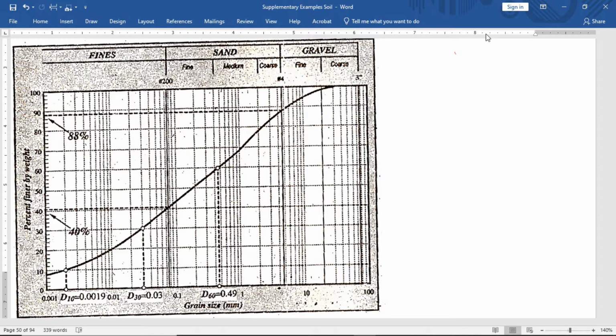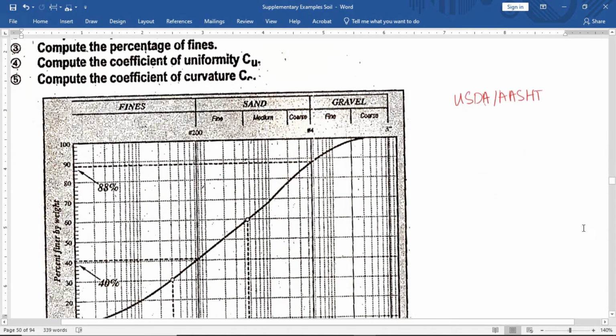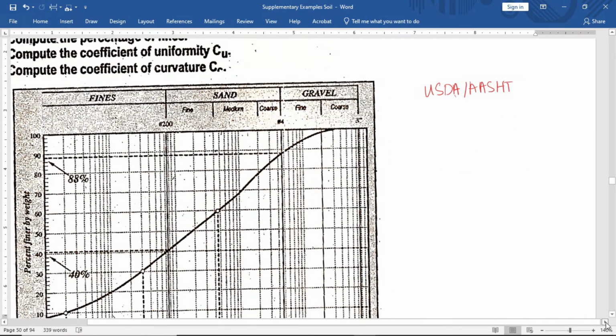Ulit. Sa USDA tsaka sa AASHTO, meron lang tayong sand, clay, and silt.